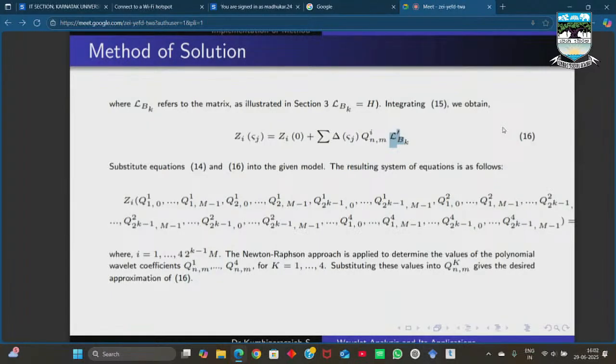Now substitute 14 and 16 in the given model. Then it will yield a system of nonlinear algebraic equations, and solving those algebraic equations by the Newton-Raphson method, I get the unknown coefficient values and substitute them in equation number 16. Finally, it will give a wavelet-based numerical representation of our considered model.